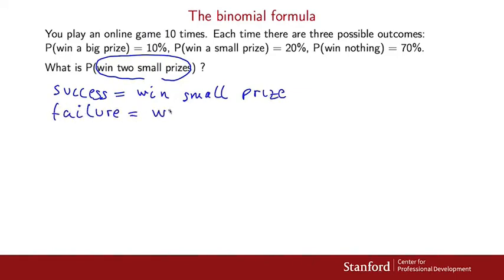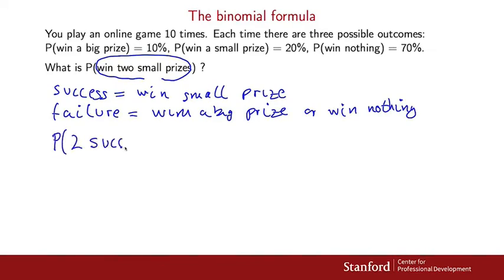That is, you win a big prize or you win nothing. So in the binomial setting, our probability becomes the probability of having 2 successes in 10 experiments. And for that, we can use the binomial formula.